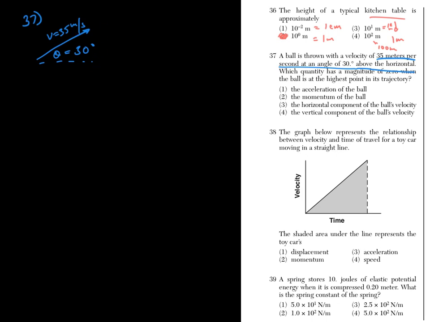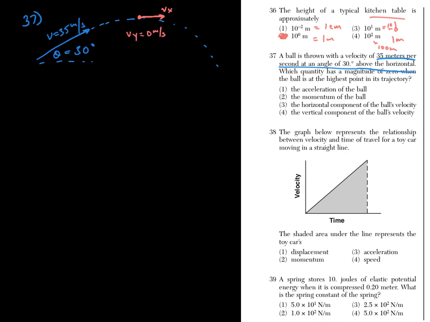We are looking for which quantity has a magnitude of 0 when the ball is at the highest point of its trajectory. The ball is going to travel like this. At the highest point of its trajectory, right here, the horizontal component still exists, but the vertical component is 0.